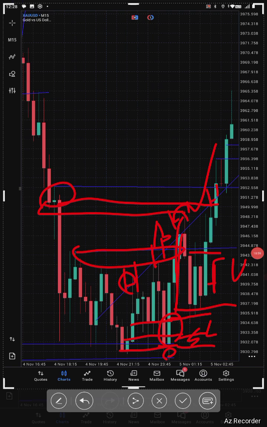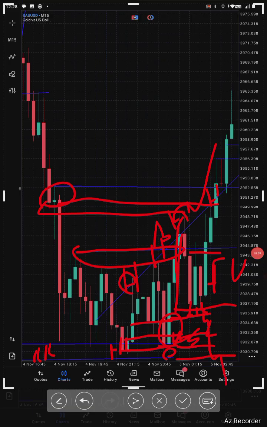So please take a look here. This area is a low, a lower low, and also a higher low. This one, a higher low, and then higher low, higher low. So the price does not make another new lower low.